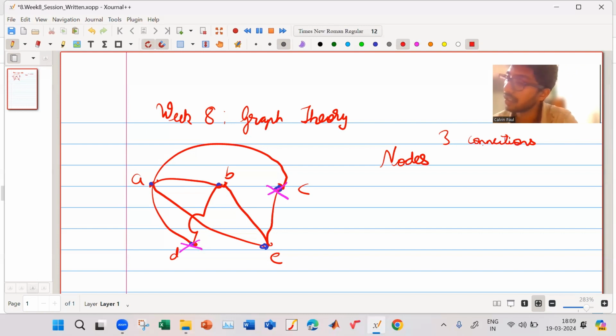All right. Now, let us assume, let me draw one network. We have some resistor here.